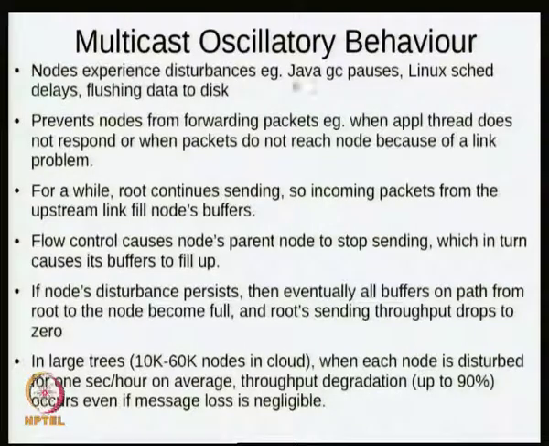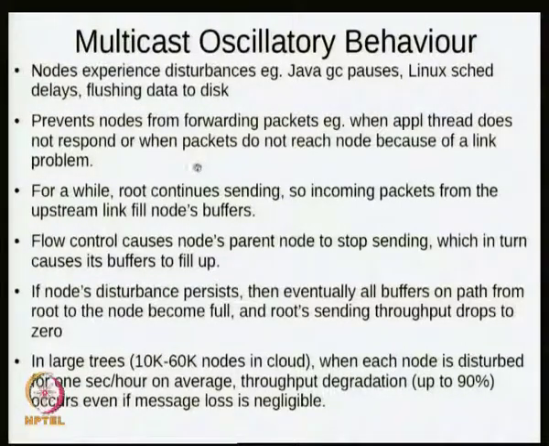That means the node, for the time being, is not responding to certain things. Similarly, Linux scheduling delays could be there, or somebody is flushing data to disk. All these things can create certain disturbances in the system. While that node is disturbed, it may be prevented from forwarding packets, because the application thread does not respond, etc.